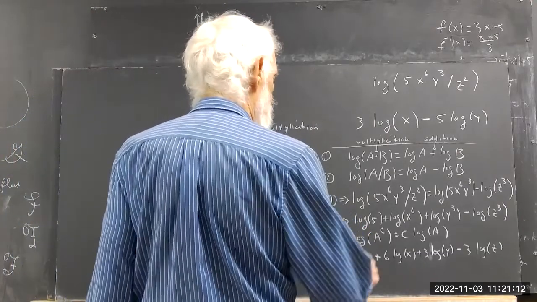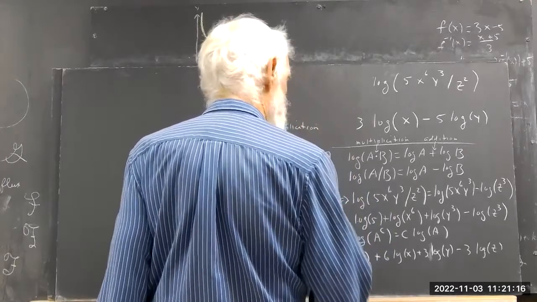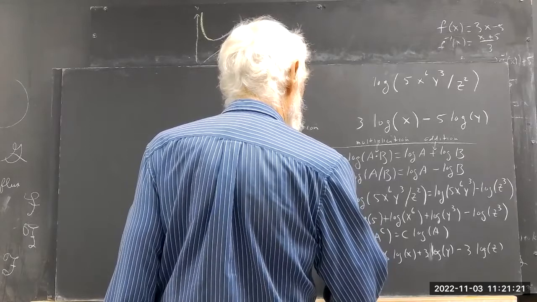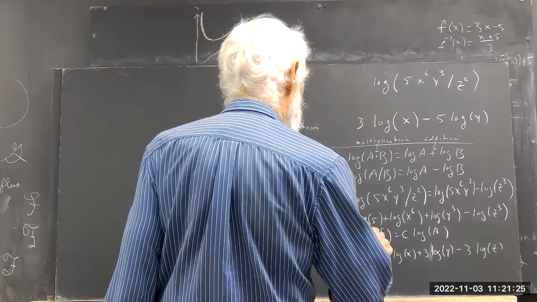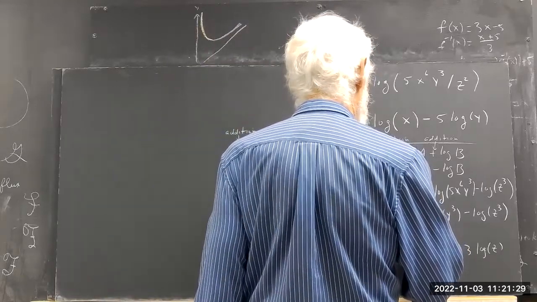Over here, you have an exponentiation on this side. I don't really have room to write that easily, but I'll abbreviate. There's an exponentiation, and here you end up with a multiplication.